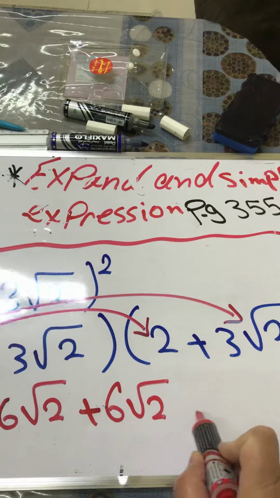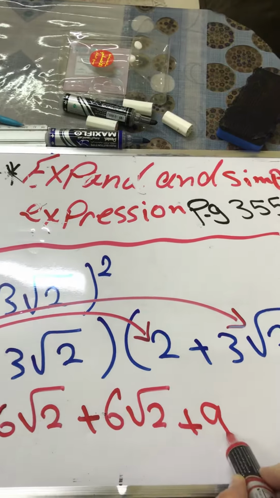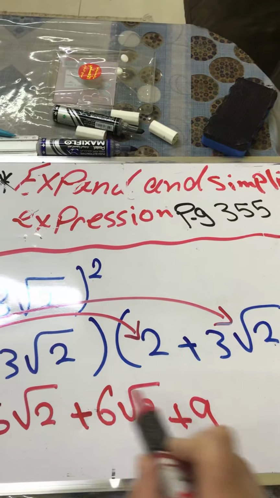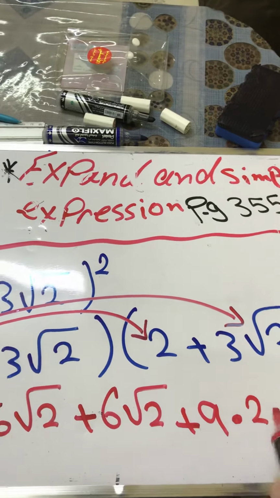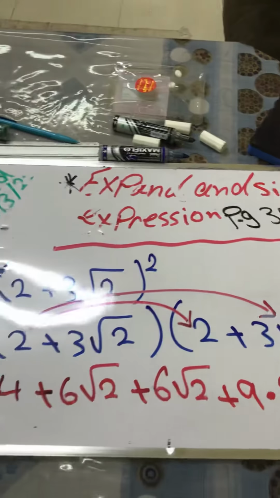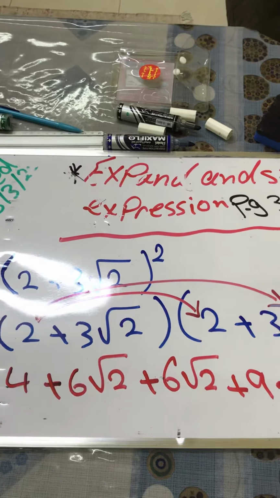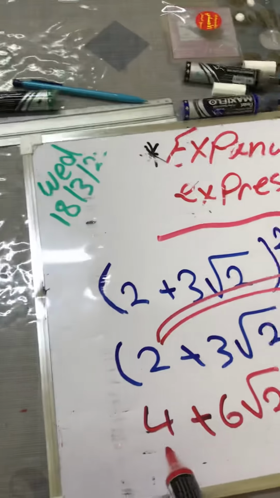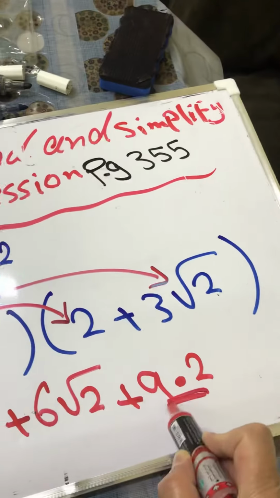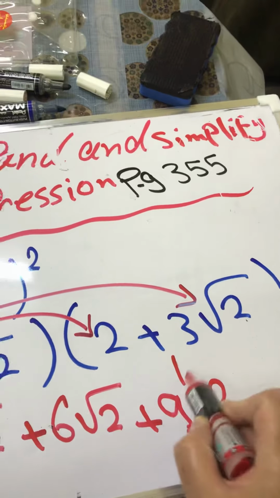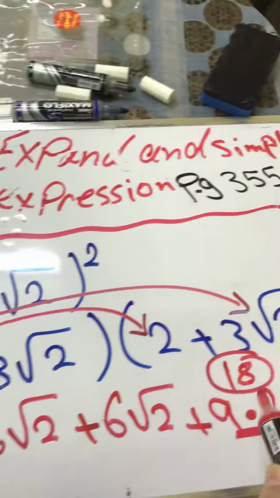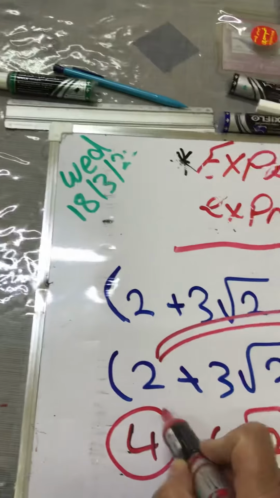I'll multiply the number with the number. 3 times 3 equals 9. Square root of 2 times square root of 2 equals just 2. So the answer is like this. Let's collect the like terms. I have here 4, here 2 multiply 9 equals 18. So I'll take this 18 and add it to 4.